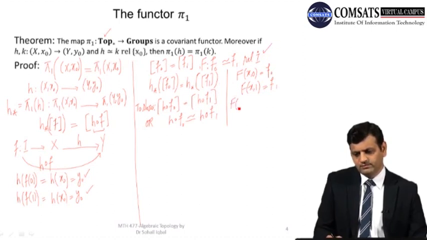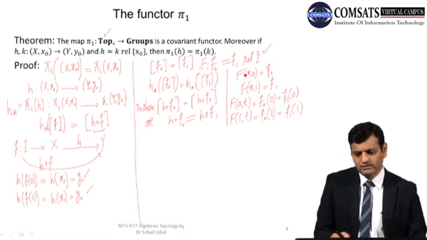So for example, when x is 0, for each and every value of t, this is equal to f0 of 0, which is equal to f1 of 0, and when x is equal to 1, then for each and every value of t, this is the same as f0 of 1, which is equal to f1 of 1. And since these are loops, f0 of 0 and f0 of 1 are equal. Okay, so we have this function F(x,t).